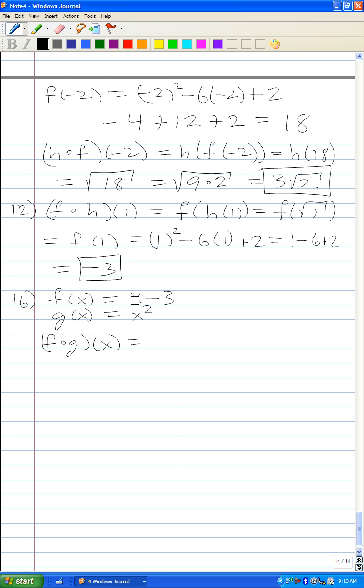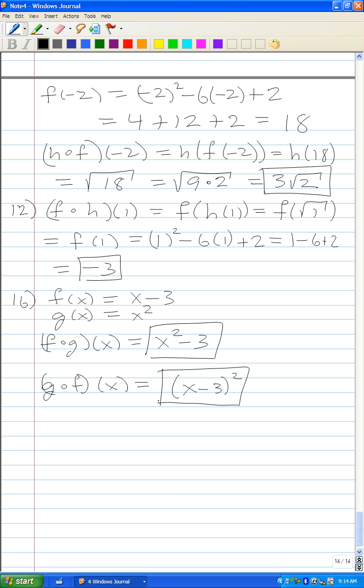So I'll replace x by x squared. So x squared minus 3. Also determine g composed with f at x. So wherever I see an x in the formula for g, I replace x by the formula given by f. So I replace x by x minus 3. And so this is x minus 3 squared. And that is your answer.